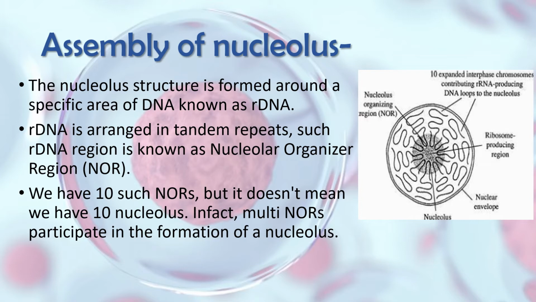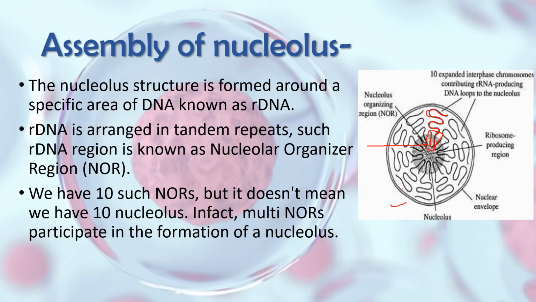So you can see in this picture, here we have this chromosome. I'm taking just one. That particular region of the chromosome, or we can say the DNA strand, is concentrated at the center.